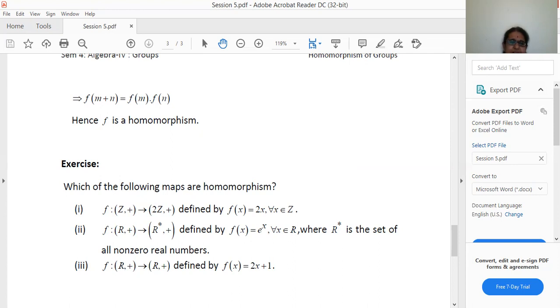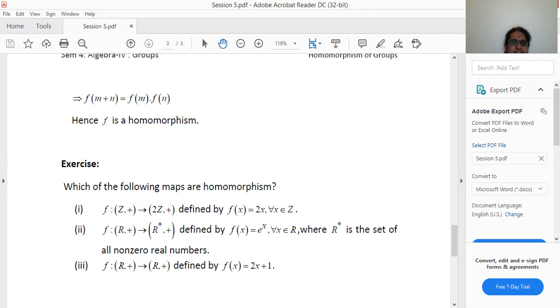In the second example, again the binary operation is the same for domain and codomain, but the sets are different. Here f of x is defined as an exponential function. Since it is an exponential function, we get that f is not a homomorphism, because e power x into e power y is not equal to e power x plus e power y.